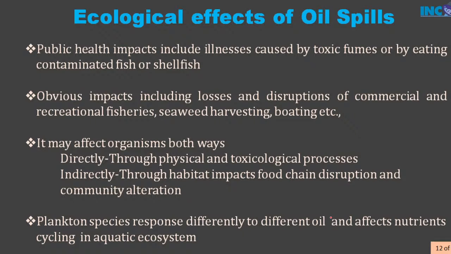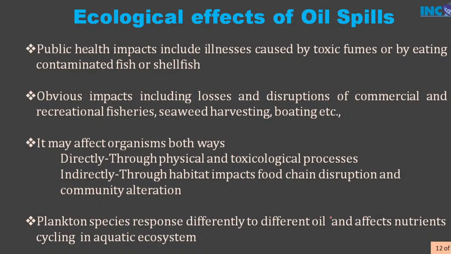Then there are human health impacts, mainly caused by toxic fumes or by eating contaminated fish or shellfish. If the oil spill continuously spreads on the surface, phytoplankton will not be able to synthesize production from sunlight, which will hinder the food chain.